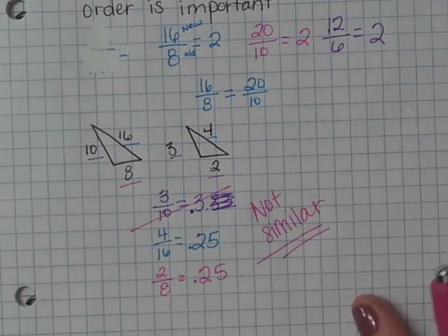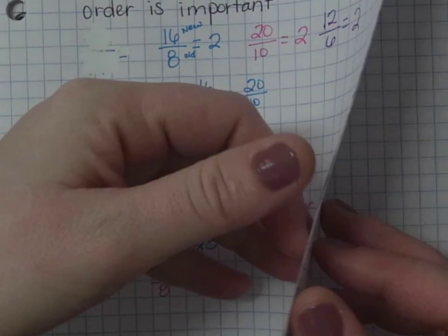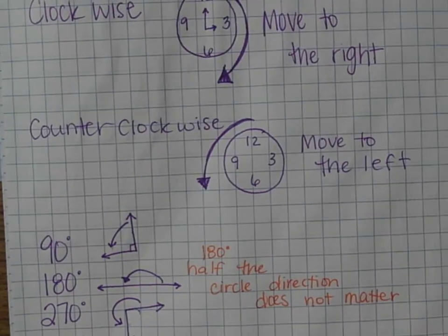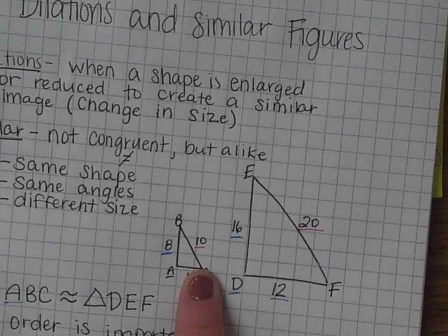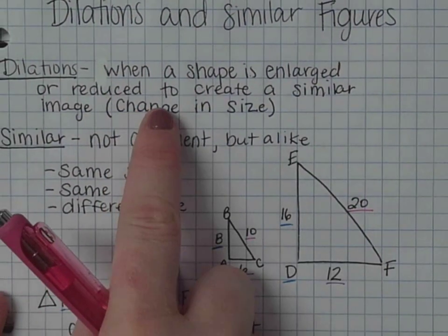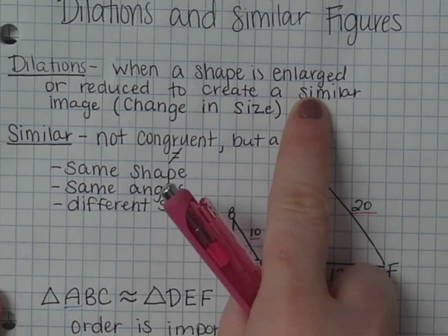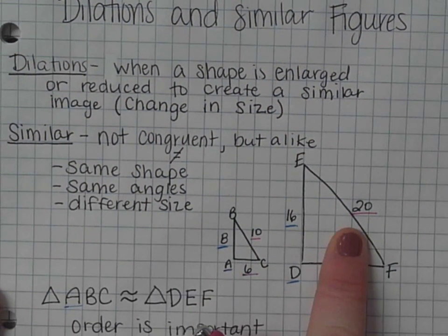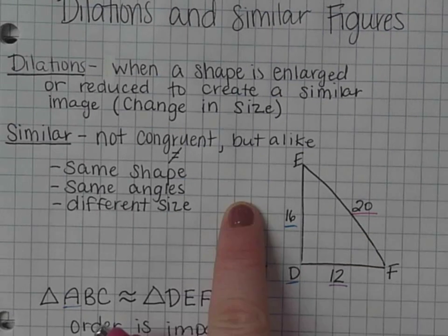Okay, something else that I want to make sure gets written in our notebook. So if we're talking about dilations, this is a dilation. This one changed size. They're similar. So you notice it's a similar image, but it was enlarged.